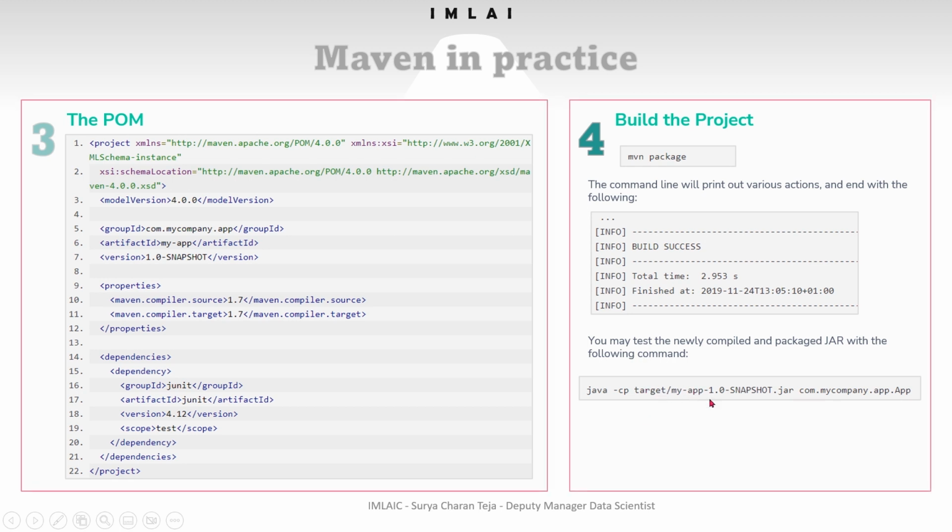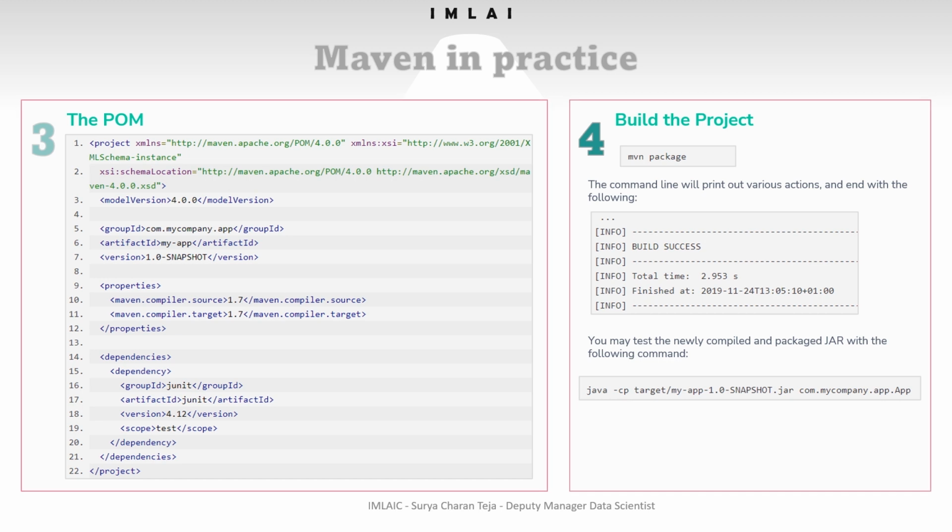Inside that, you'll find this package, and then com.mycompany.app.App with capital App. So you use that, and we will test the application. Inside this, you'll find the Java app. So we want to run this, and it should produce the output.